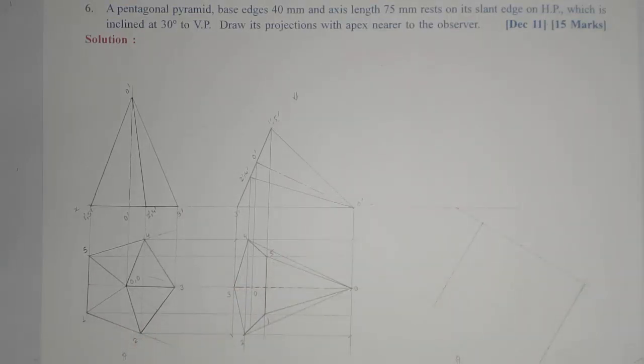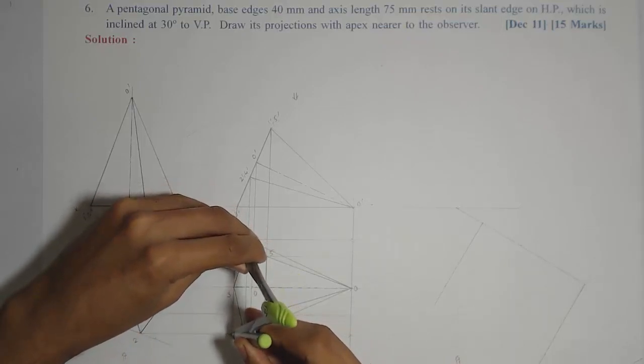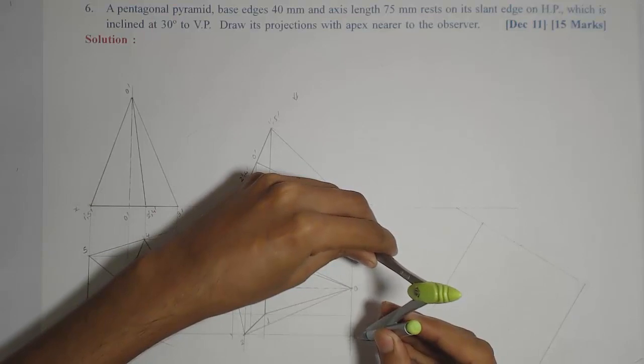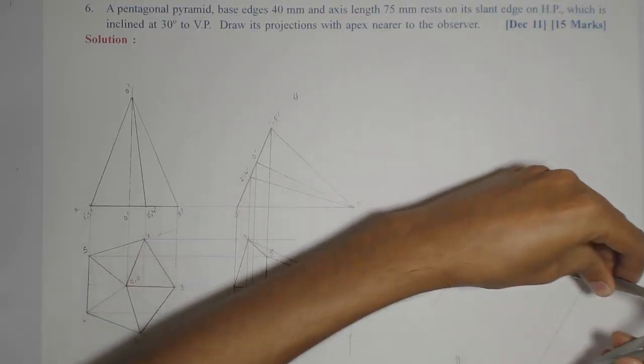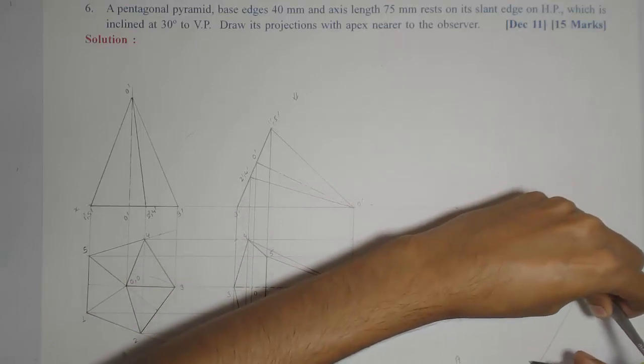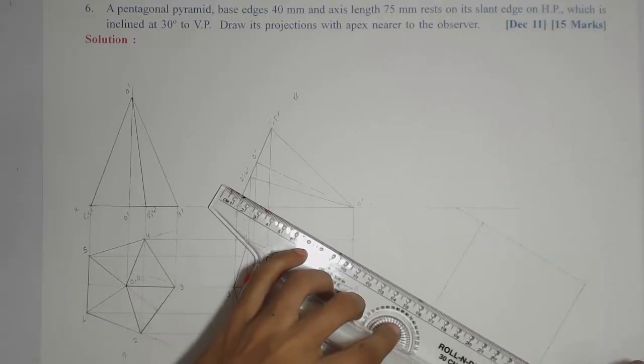We will complete this rectangle by taking this distance, which is the width of the rectangle. It will be the same in both cases. So we will finish the rectangle.